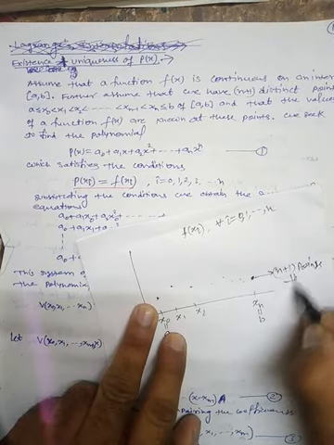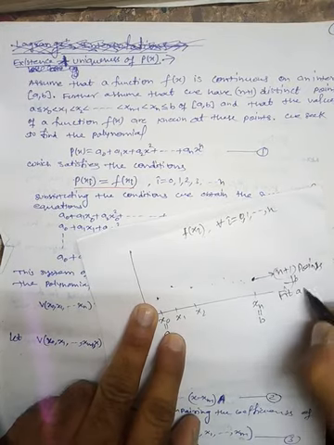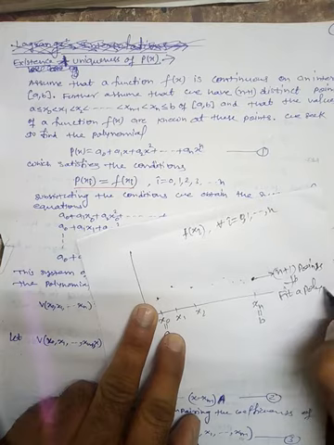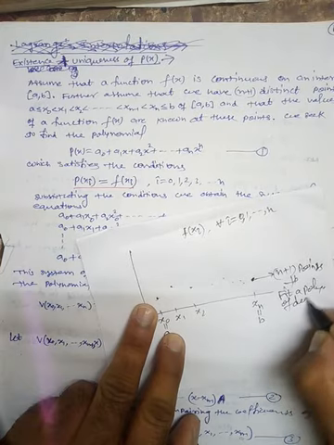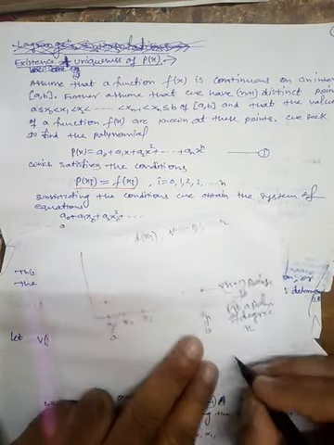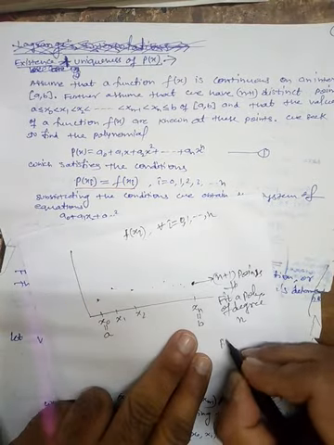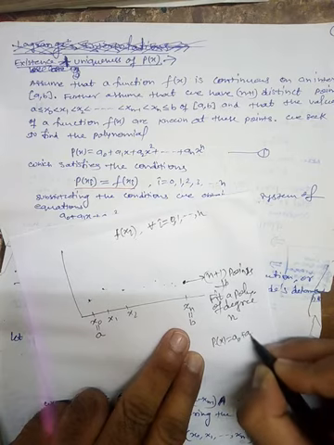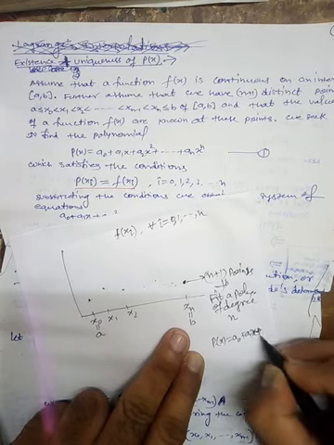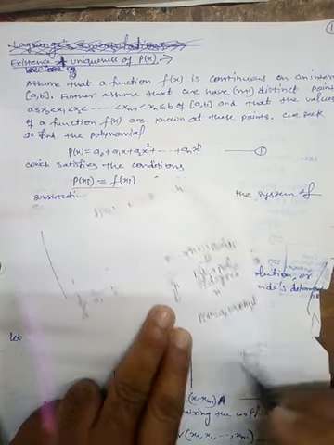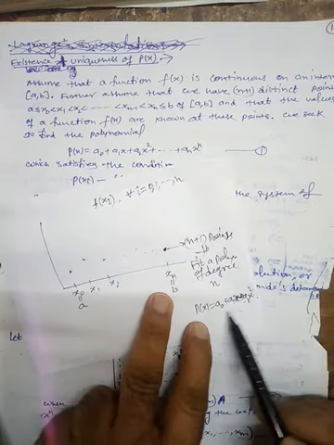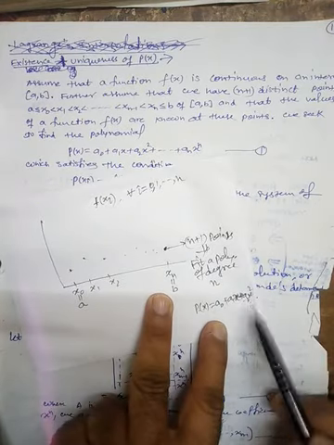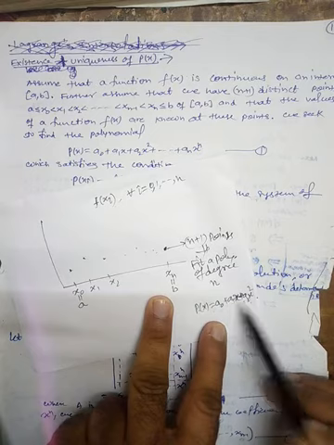And that's why we can fit a polynomial of degree n. Why? Because suppose we have a polynomial like this, a0 plus a1 x plus a2 x square. It's a 2-degree polynomial. How many unknowns are there? a0, a1 and a2.